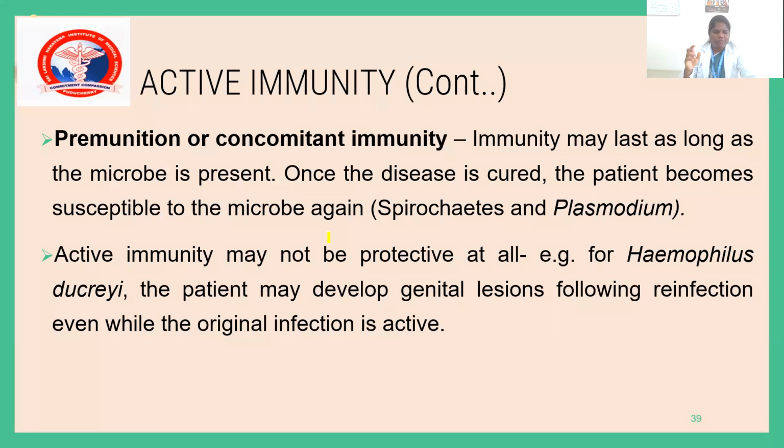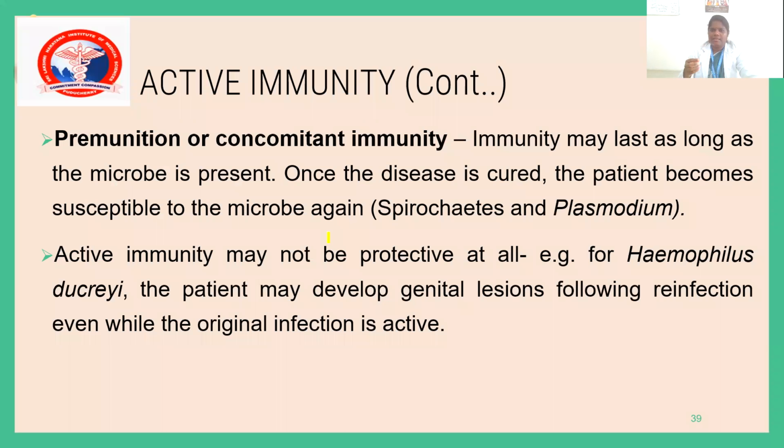For example, if the person has been infected with syphilis or plasmodium, once the infection is completely cured, only then can the syphilis or malaria infection reinfect. Until the disease is cured, the reinfection will not take place. This kind of immunity is called premonition.